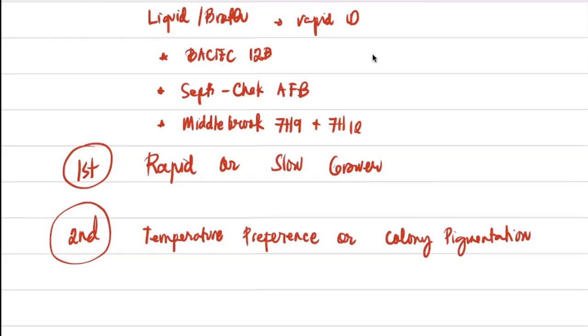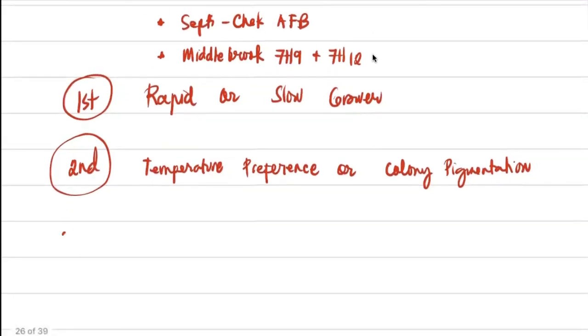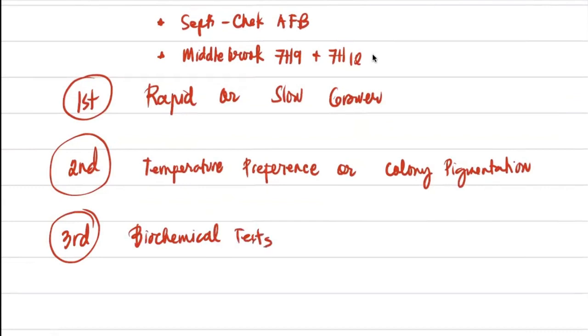Okay? Then lastly, of course, i-differentiate na natin siya gamit ng mga biochemical tests. Usually, yung pag-identify natin with the use of biochemical tests, this may take up to 2 weeks to ultimately identify the Mycobacterium species.